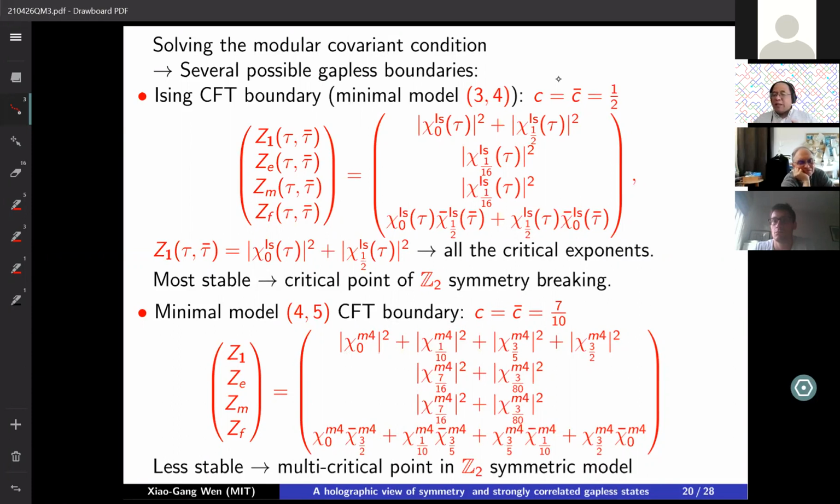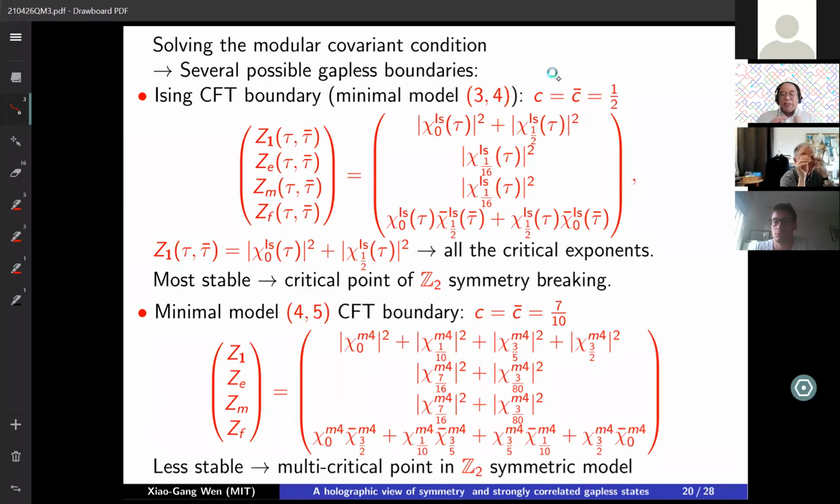Here we say that when you have gapless states, we have a lot of emergent symmetry, and emergent symmetry may have non-trivial mutual statistics. These non-trivial mutual statistics correspond to topological order in one higher dimension, which allows us to determine gapless states to a larger degree.